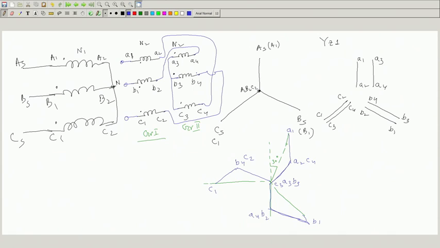Now, only one point why I have redrawn once again is that only one point I want to tell. So, it is effectively a star connection, there is a neutral point, solid neutral point A3, B3, C3, and there are 3 lines.